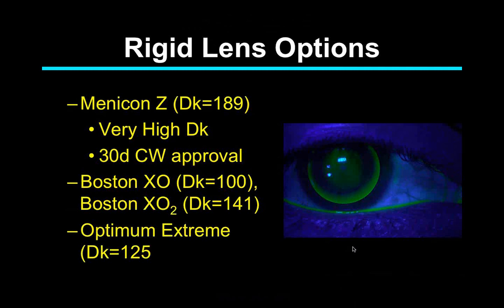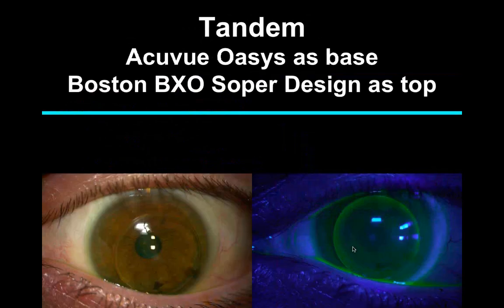Typically, the higher the Dk, the softer the material, and the more prone to either manufacturing or handling damage later on. This is just a photograph of a GP lens on top of the soft. You see an apical scar right there in that keratoconus patient as well.